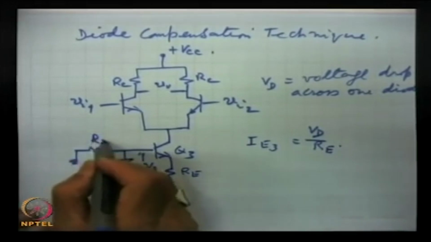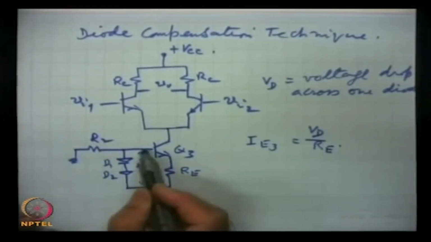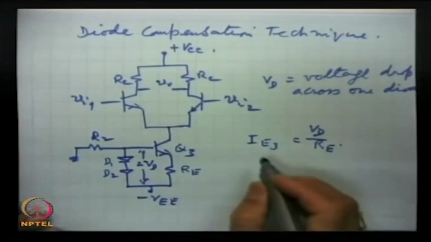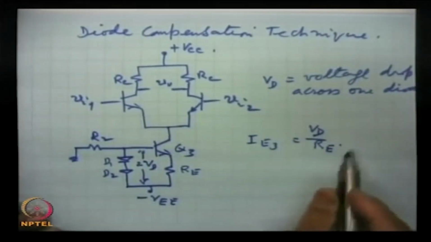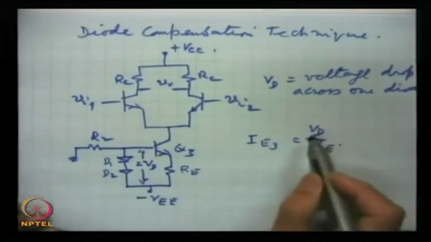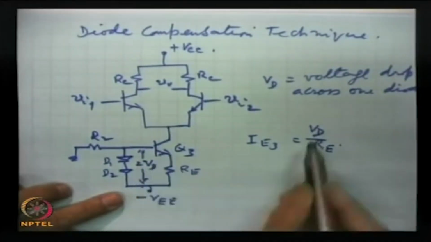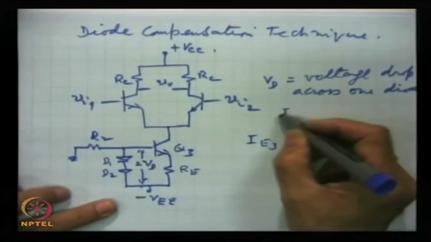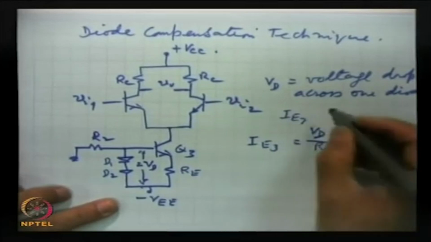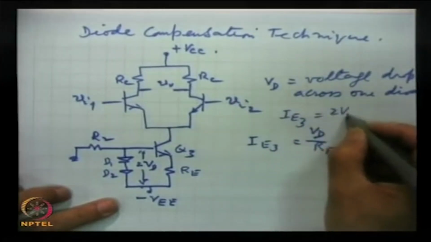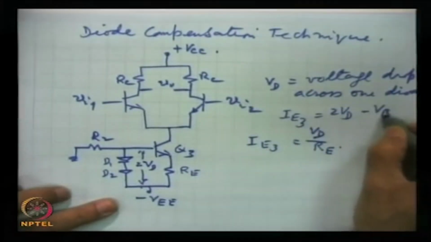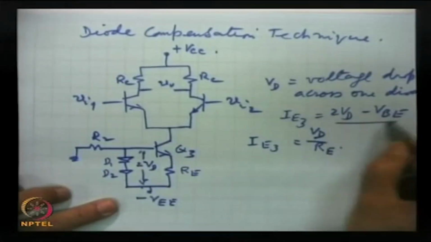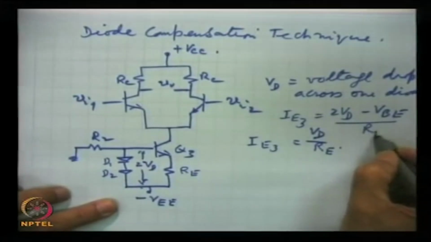This is R2, this is grounded here, and the voltage drop is VBE. So, this is derived from 2 VD minus VE. For example, I could have written another expression earlier than this as 2 VD minus VBE, this voltage minus this voltage, by RE.